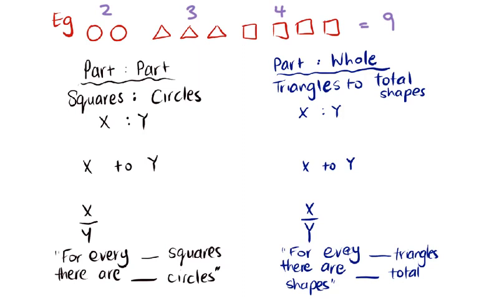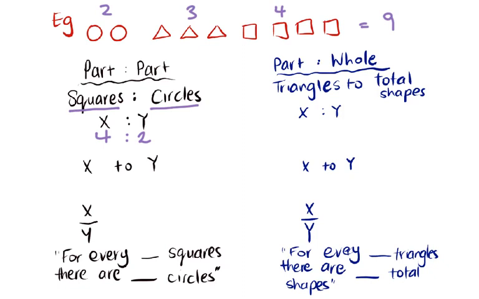So the first way that we can describe this pattern is to look at different parts of the pattern and write them as ratios. So in this first example, we're wanting to write a ratio that compares the number of squares to the number of circles. So the first way I could write it is to write that there are 4 squares to 2 circles.